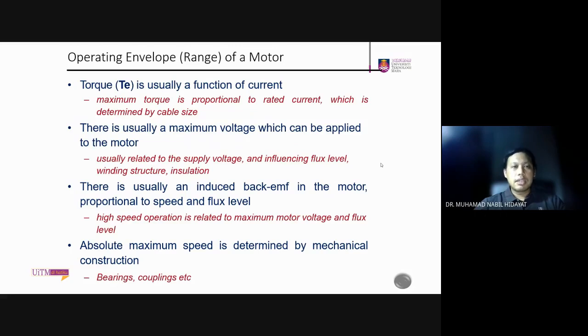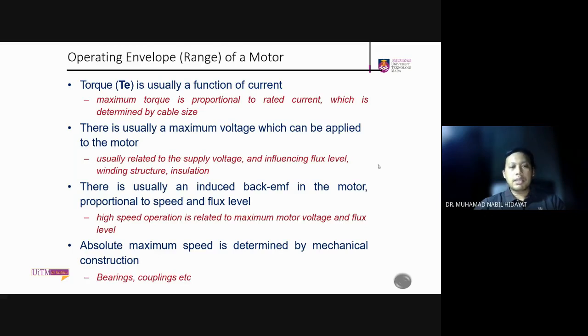There is usually a maximum voltage which we can apply to the motor, usually related to the supply voltage and its flux level, winding structure, insulation, and so on. There is usually an induced back EMF in the motor that is proportional to the speed and flux level. So high speed operation is related to the maximum motor voltage and flux level.